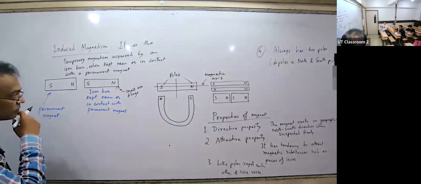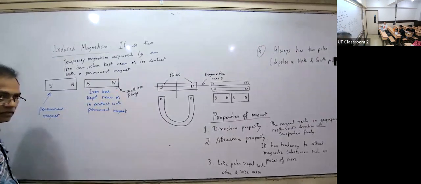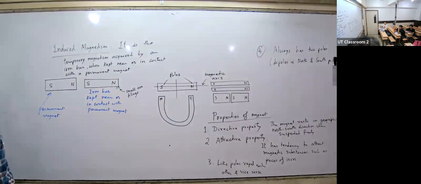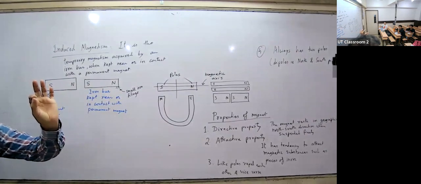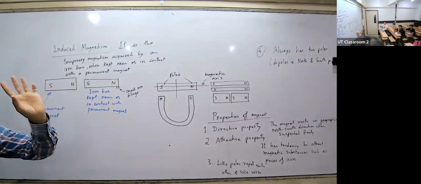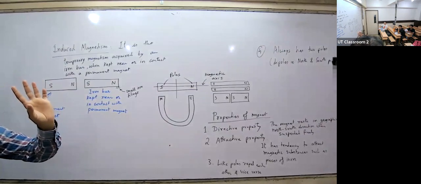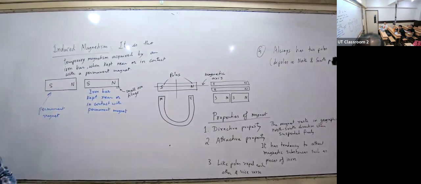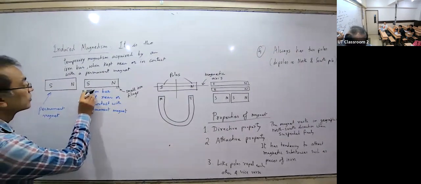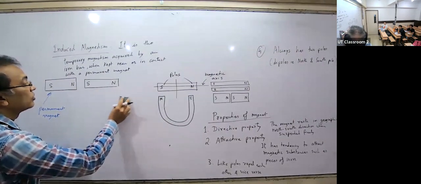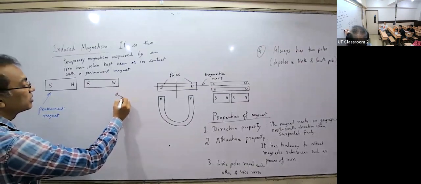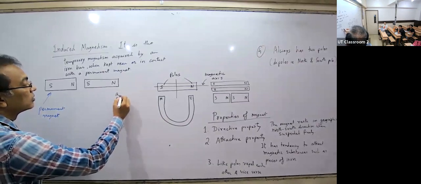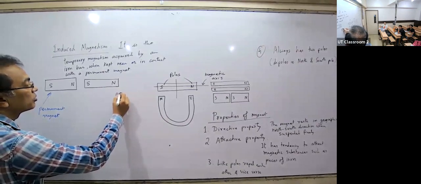Now what must have happened here? Like this developed poles, every particle has also become a magnet. Is it clear now how the induced magnetism is functioning? So see, let's say there is a heap of nails kept over here.